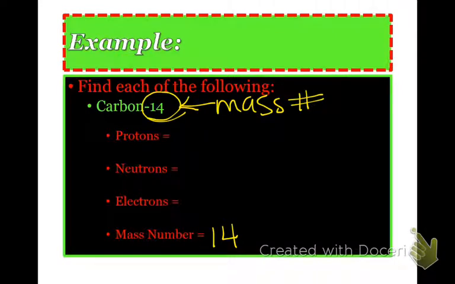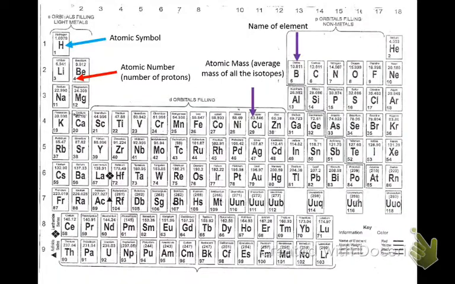Now, that's all you have so far, except for the name of the element, which means you can go to the periodic table and look up carbon. Look at this number right there, 6. 6 is my number of protons because it's my atomic number.